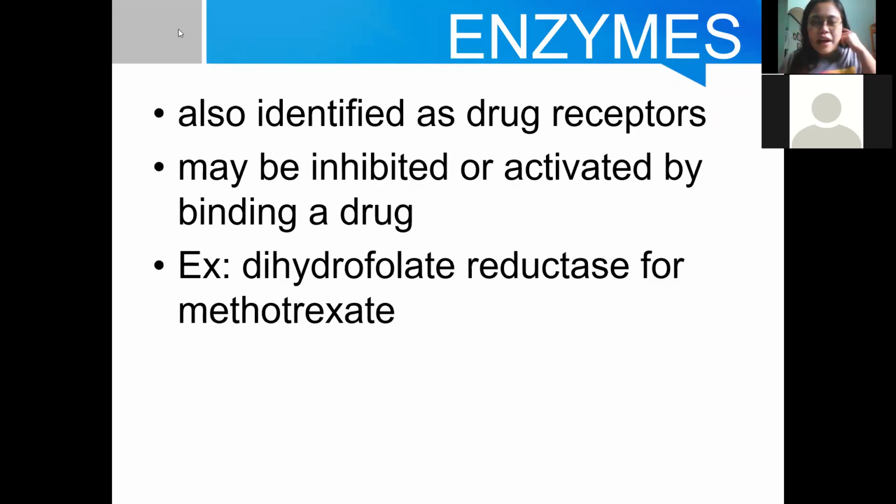I can actually give you more examples of enzymes considered as drug receptors. We have cyclooxygenase. I mentioned that we abbreviate this as COX. This enzyme is inhibited by our NSAIDs, the non-steroidal anti-inflammatory drugs.